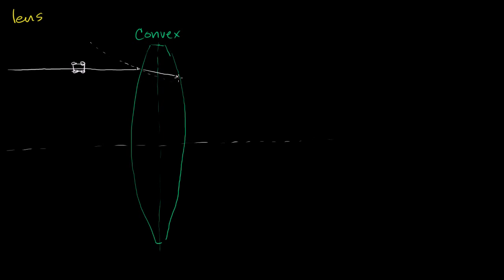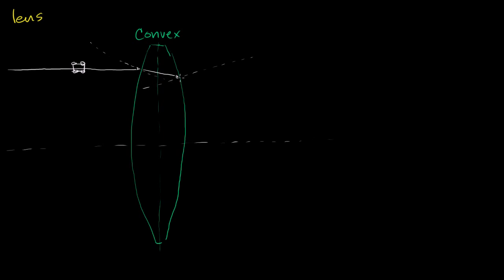And then once you get to this interface, now you're going to move into a faster medium, into the air again. Let me draw a perpendicular over here. The left side of this ray is going to come out first.